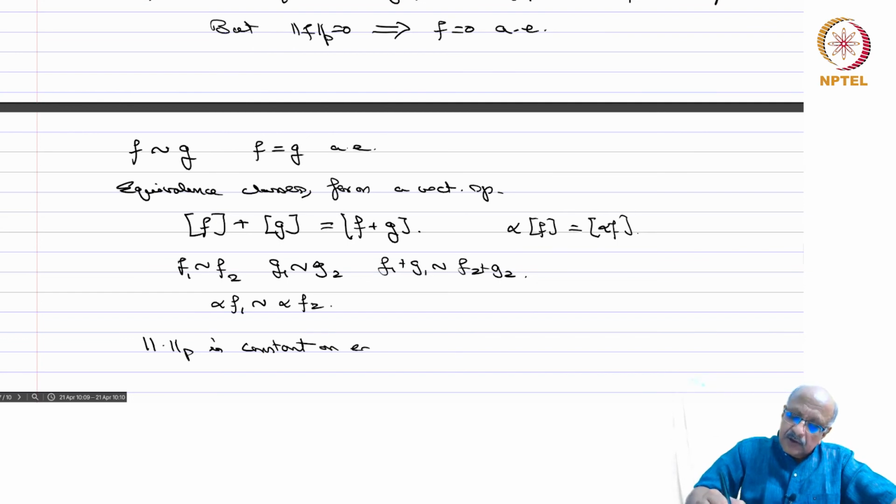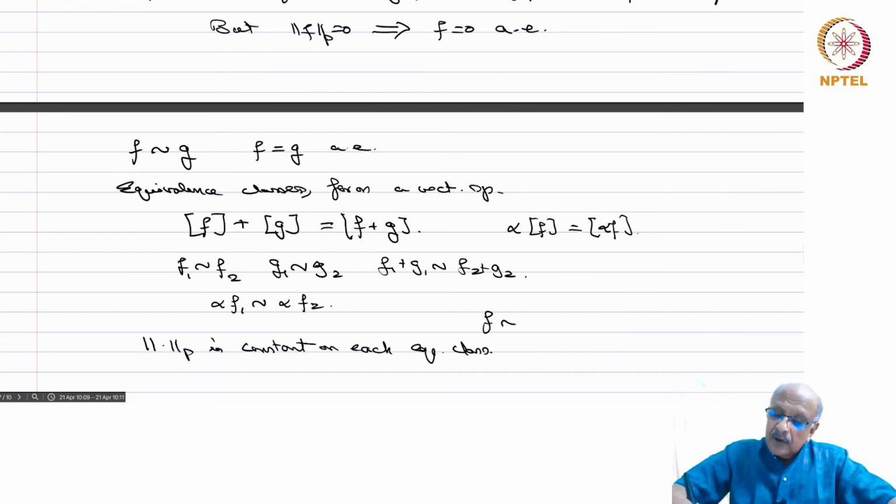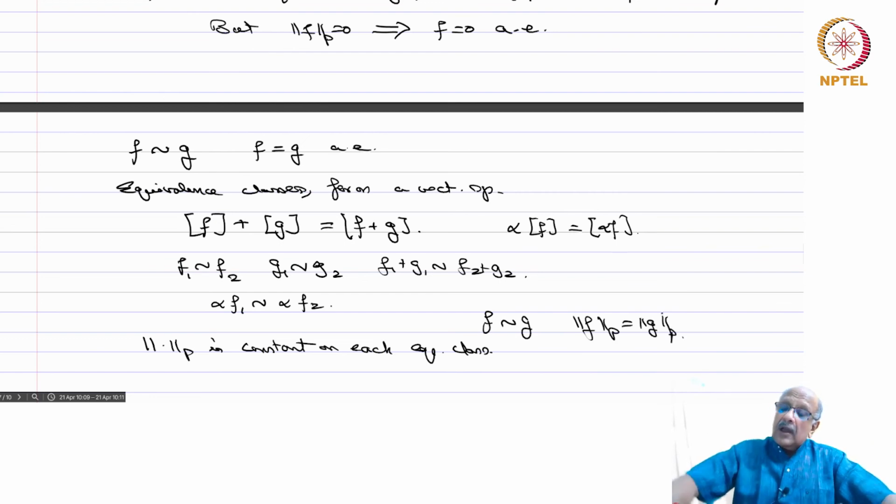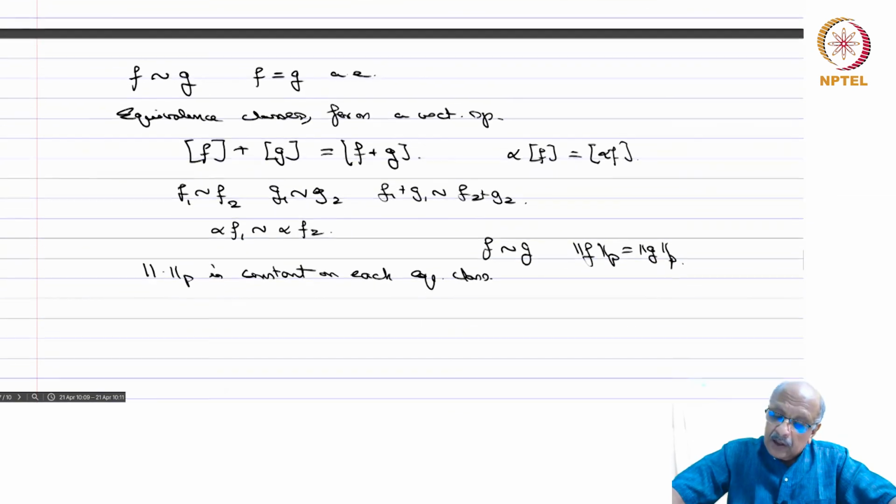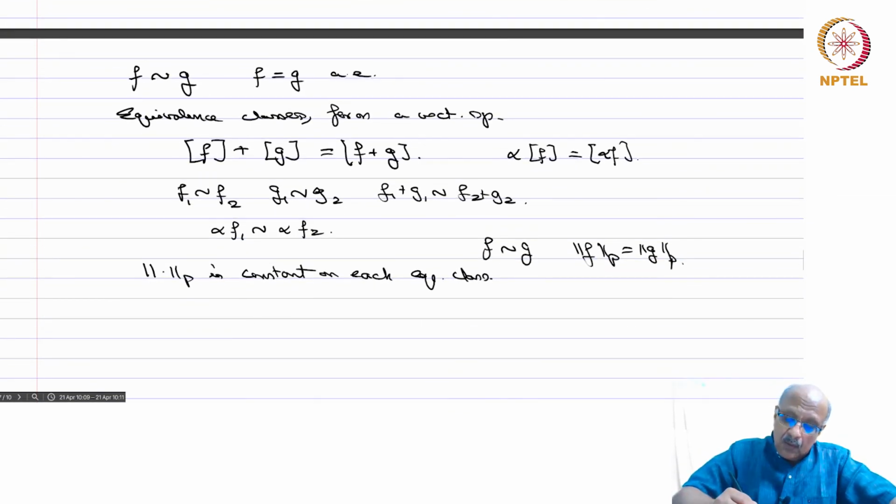And the p norm is constant on each equivalence class, because if f is equivalent to g, then ||f||_p is the same as ||g||_p. So you don't have to worry, you can define the norm of the class as ||f||_p.